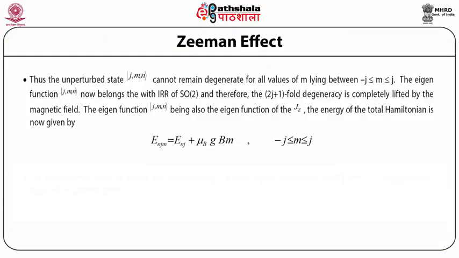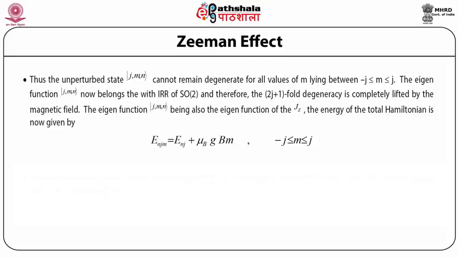Thus we can see from the above discussion that the unperturbed state represented by the quantum numbers J, M and N cannot remain degenerate for all values of M lying between minus J to J. The eigenfunction JMN now belongs to an irreducible representation of SO2, and therefore the 2J plus 1 fold degeneracy is completely lifted by the magnetic field.